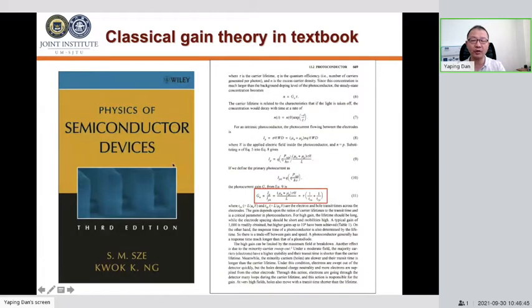Another famous textbook, Physics of Semiconductor Devices by Simon Sze, on page 669, has the same equation but written in a different format, because the transit time is expressed as the transit time for electrons and the transit time for holes, since their mobilities are different. So the transit times will be different. The rest of the terms are the same.